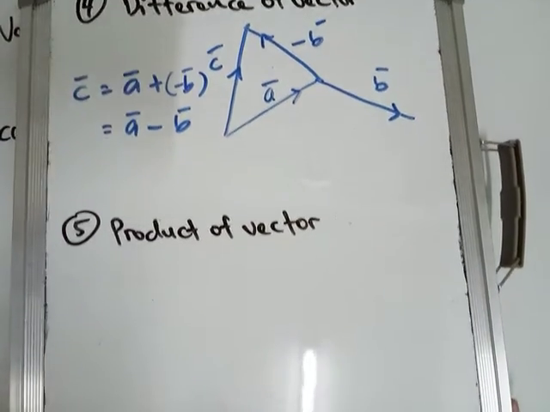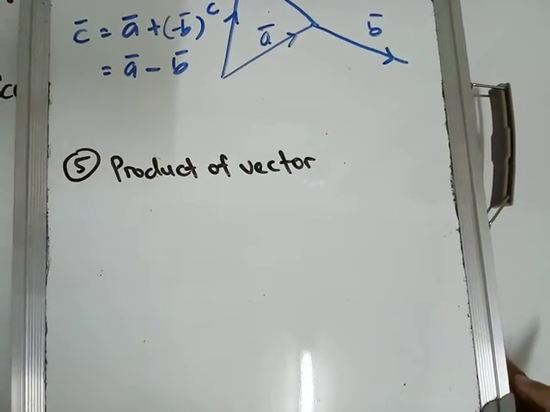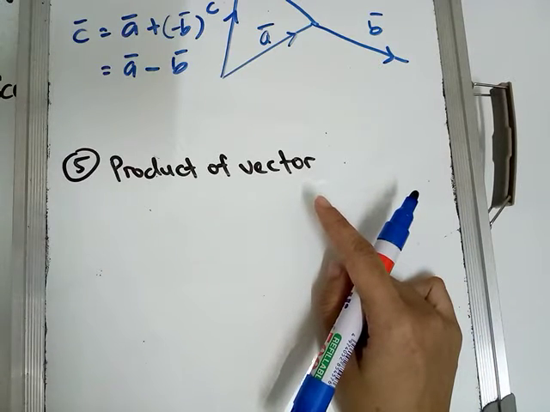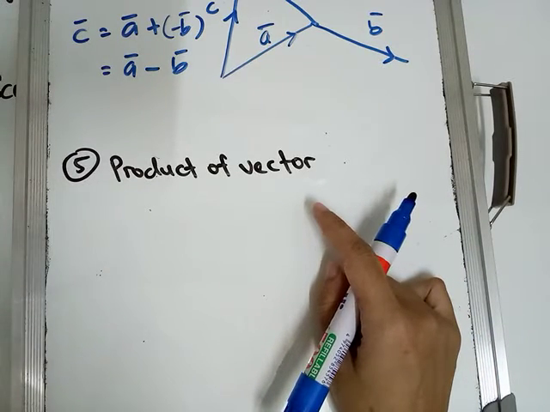Number 5, product of vector. Product of vector means we have to multiply by scalar. What is scalar?